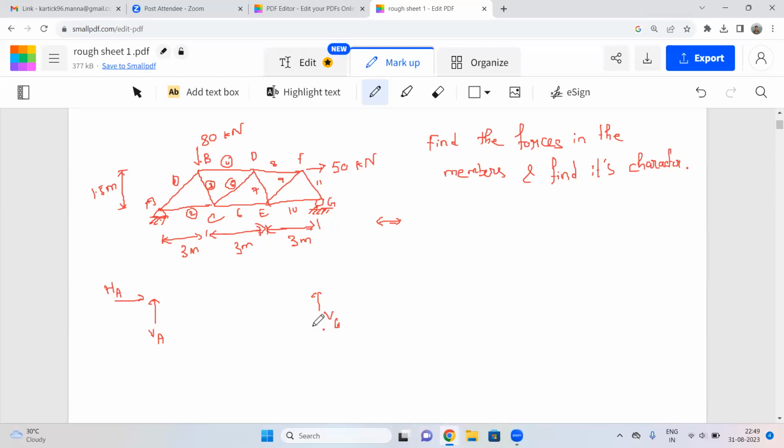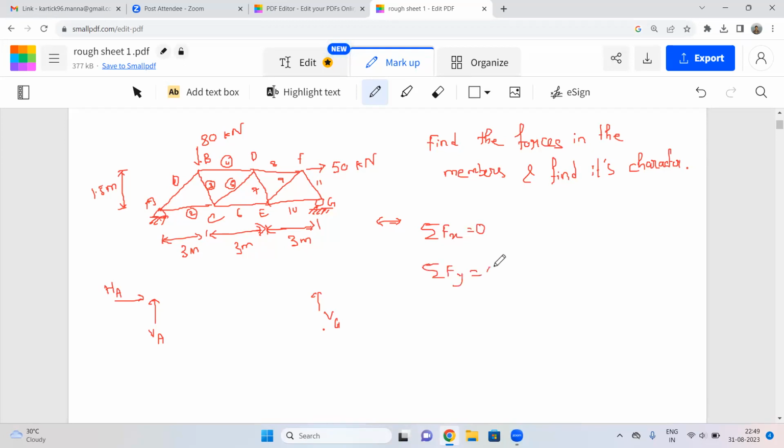How can you find these three values? You need to use the equilibrium equations: summation Fx is equal to 0, summation Fy is equal to 0, summation of moment at A is equal to 0.